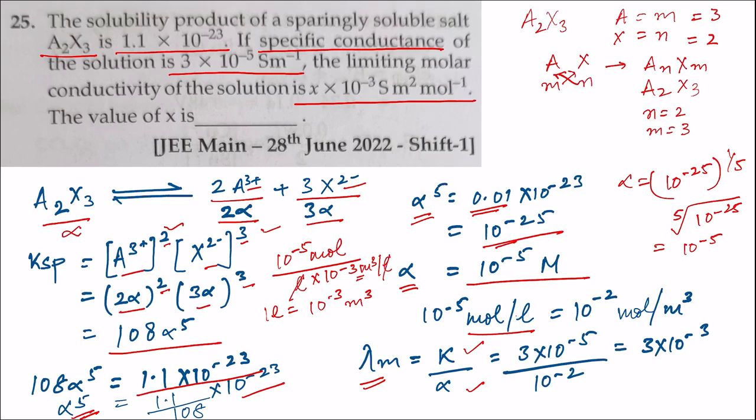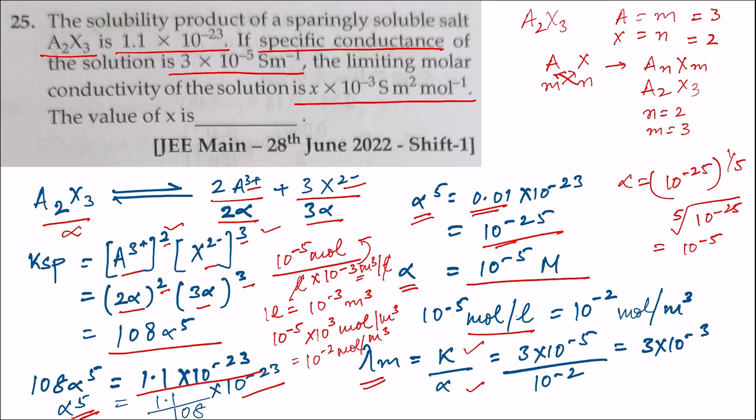Liter gets cancelled and 10 to the power minus 3 goes in the numerator. So this becomes 10 to the power minus 5 multiplied by 10 to the power 3 mole per meter cube, which is equal to 10 to the power minus 2 mole per meter cube.